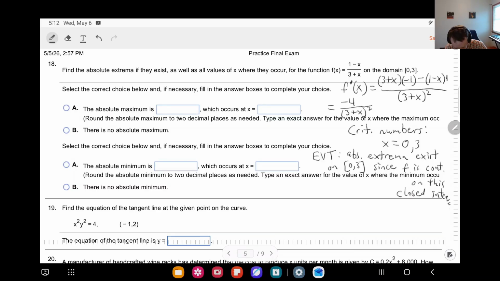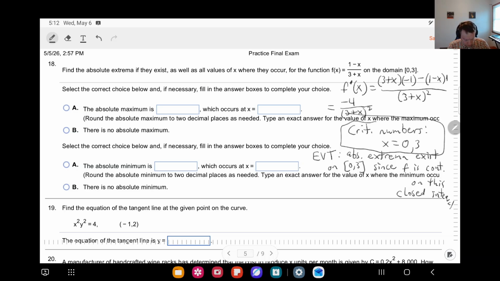So we know they'll be on here. And if they're going to be on here, it's got to be one of those points at 0 or 3. So we've pretty greatly narrowed things down.